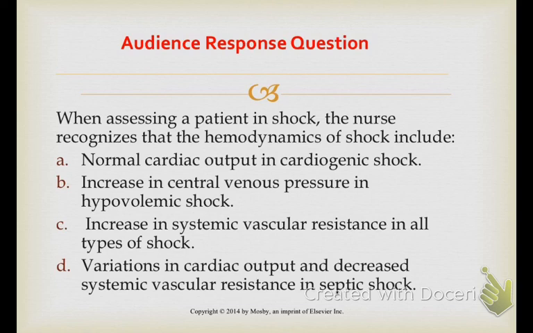No. Variations in cardiac output and decreased systemic vascular resistance in septic shock. That's right. It's the only one left. You said SVR will be increased in hypovolemic? Yeah. Because remember, they're not vasodilating.